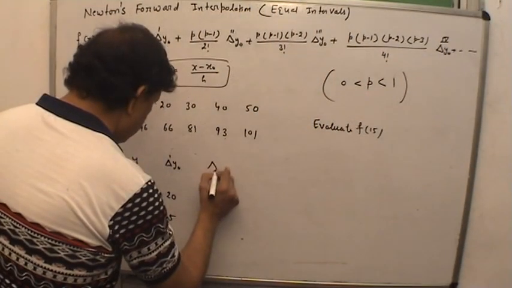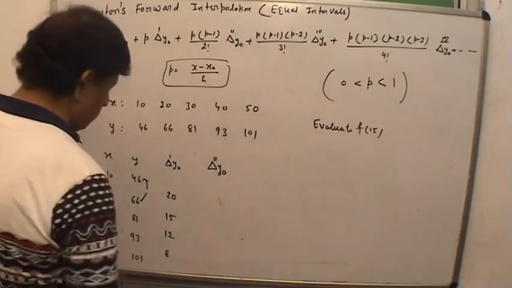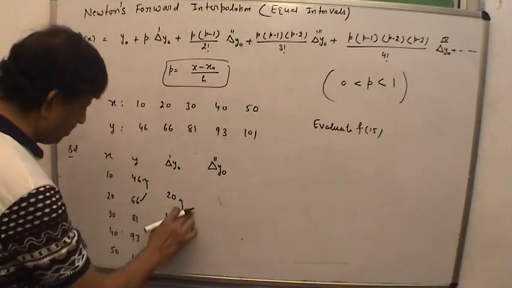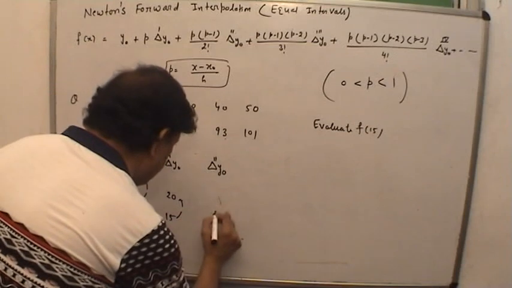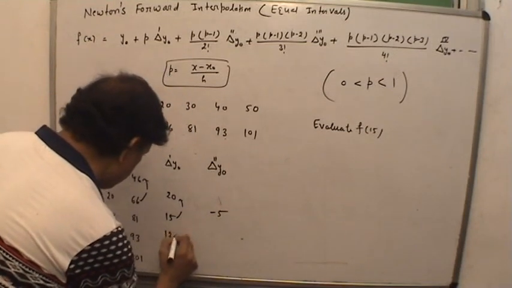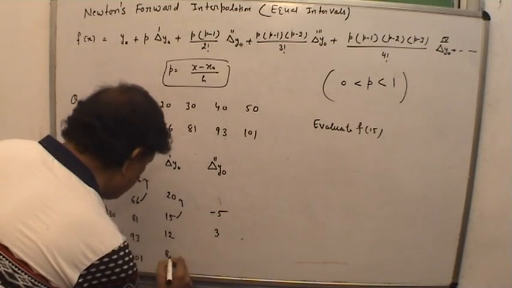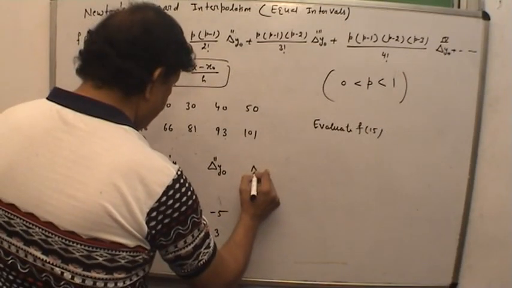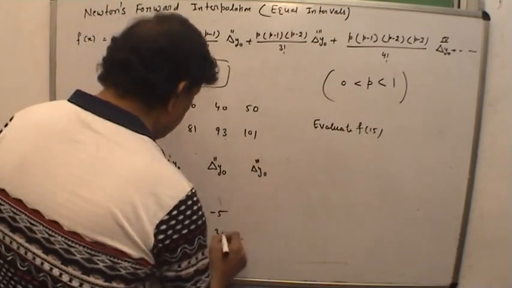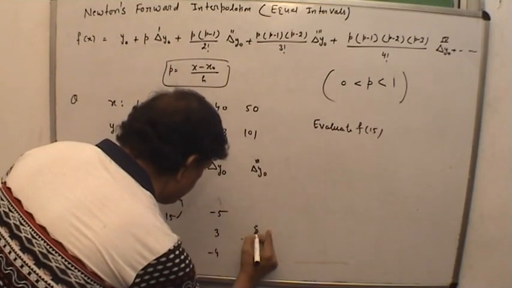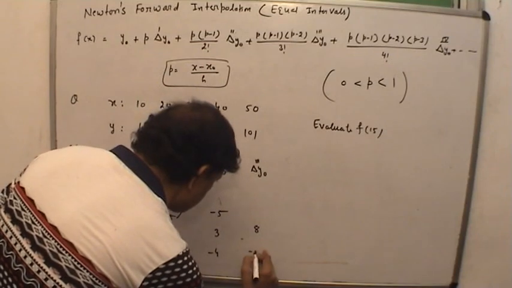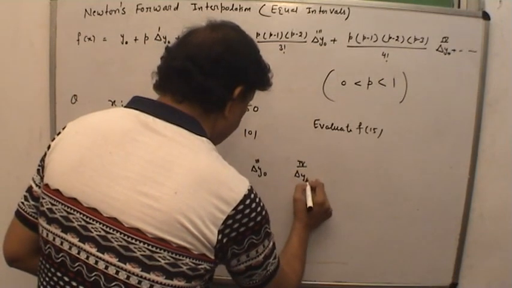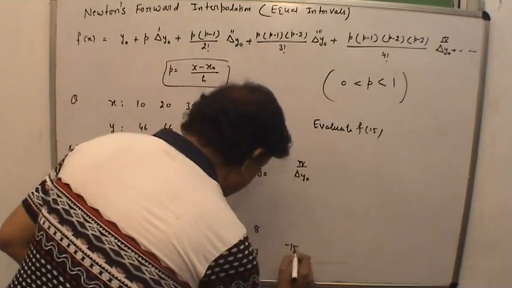Then we find delta 2 y0. Now we find the difference of these consecutive terms. 15 minus 20 is minus 5. 12 minus 15 is 3. 8 minus 12 is minus 4. Then delta 3 y0: 3 minus minus 5 is 8, minus 4 minus 3 is minus 7. Then delta 4 y0 is minus 15.